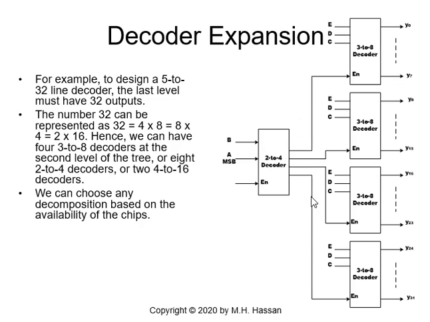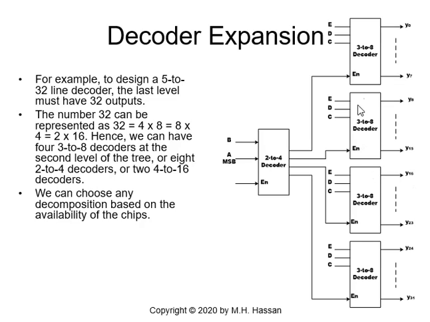So actually the expansion is based on a simple algebraic formula. Here we have 4, so we can enable 4 decoders, and 4 times 8, because we have those 8 outputs, will give me 32. If I use 2 16-output decoders at level 2, I will also get 32.